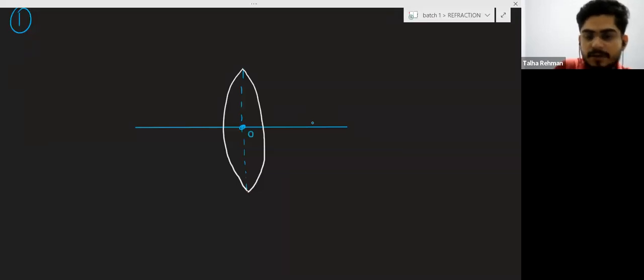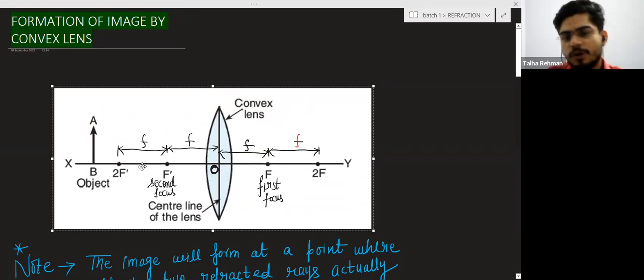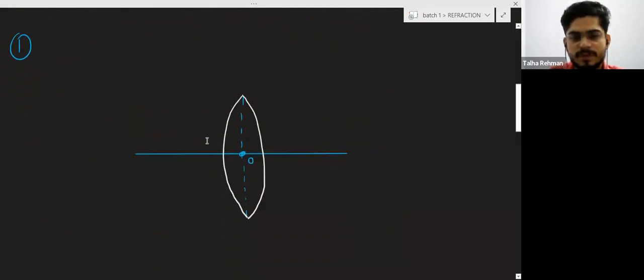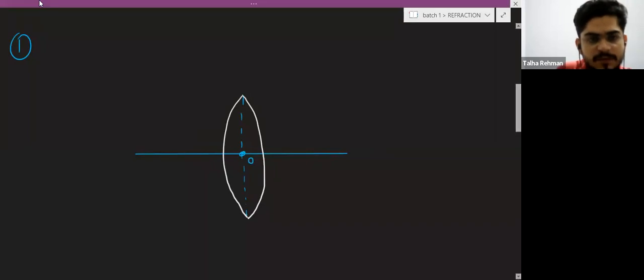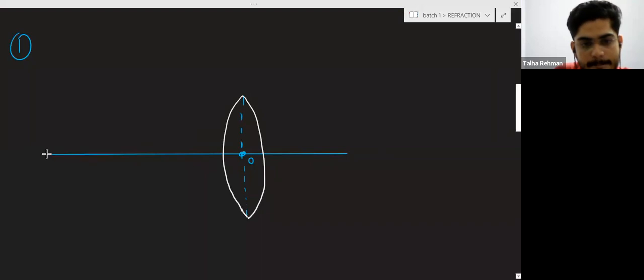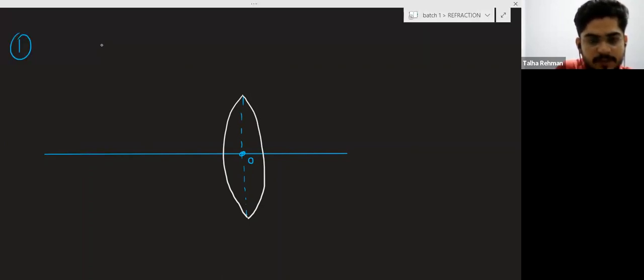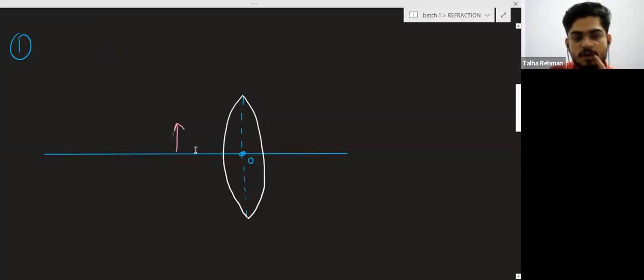I am not showing all these points, I will only show this F and O. We already know that there will be two F also here. So suppose the object is placed here. This is the object. We represent object like this.